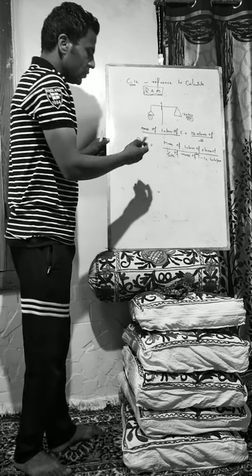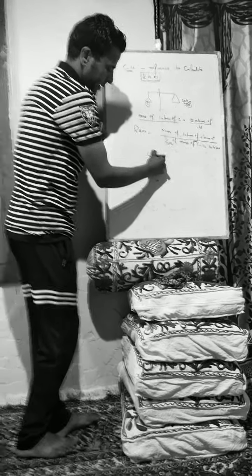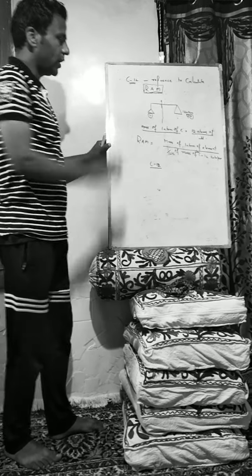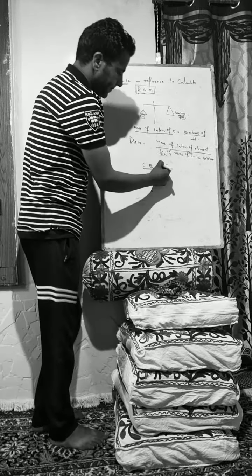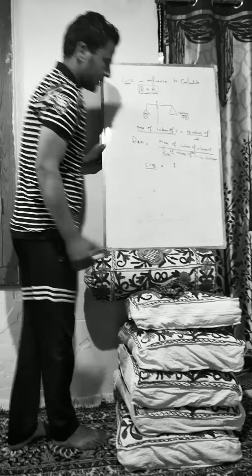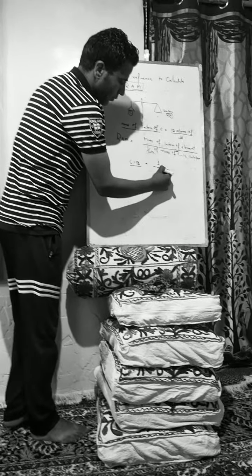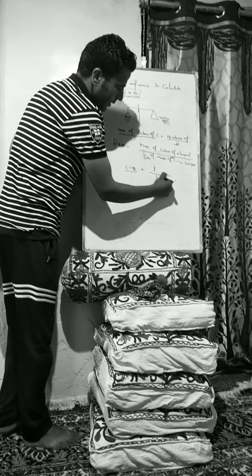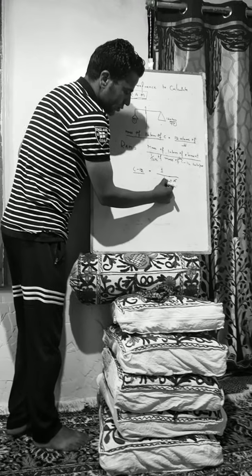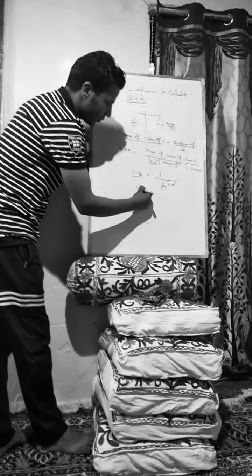Let's use this for carbon. Since we know carbon 12 is an isotope of carbon, how can we calculate the relative atomic mass? Mass of one atom of carbon, that is 12, divided by 1/12th of the mass of one carbon 12, that is 12. 12 into 12, this gets cancelled. So the relative atomic mass of carbon 12 isotope is equal to 1.